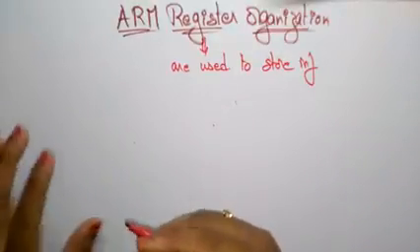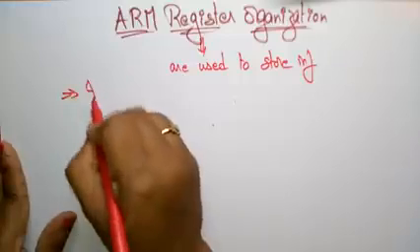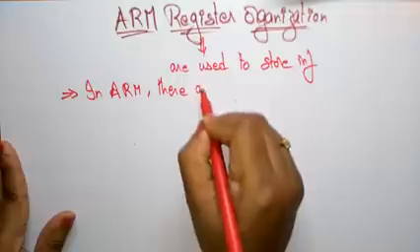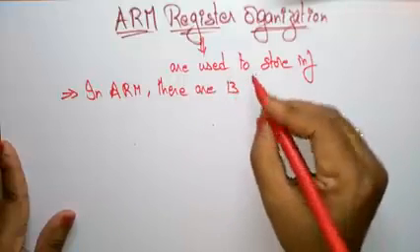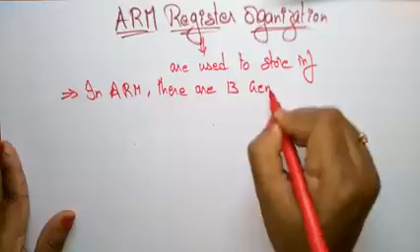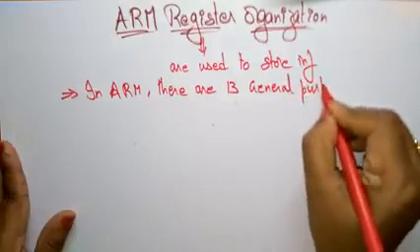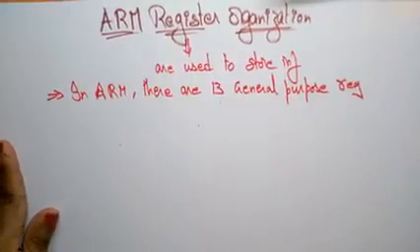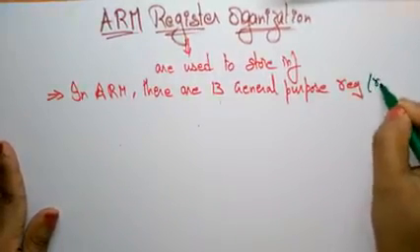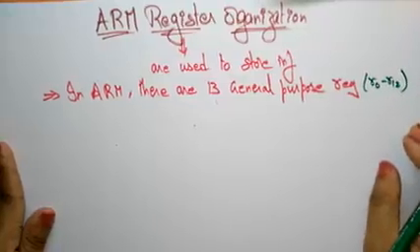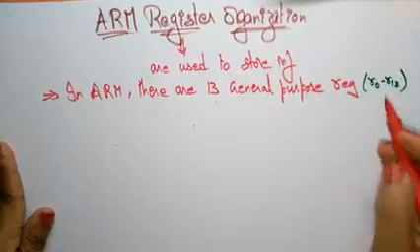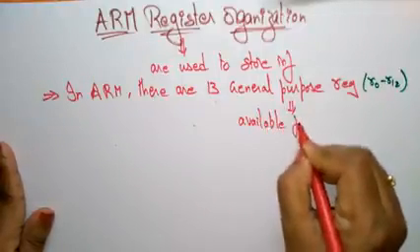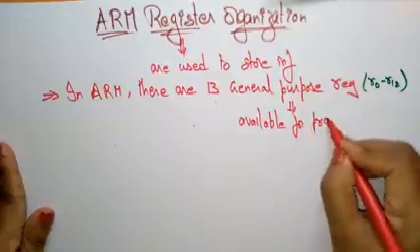So in ARM, the advanced RISC machine, there are 13 general purpose registers available, from R0 to R12, which are available for programmers to use.